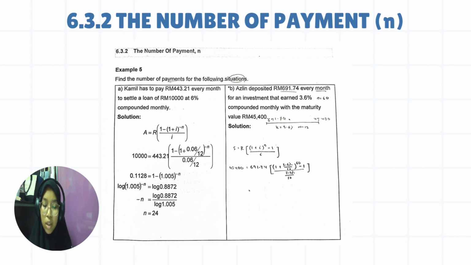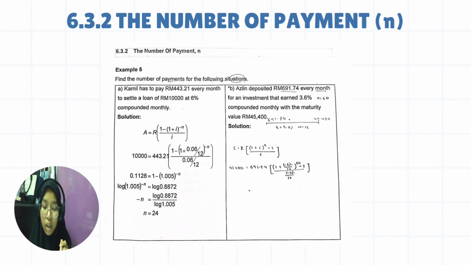6.3.2, the number of payments, which is N. I give one example here: Kamil has to pay 443.21 every month to settle a loan of 10,000 at 6% compounded monthly.